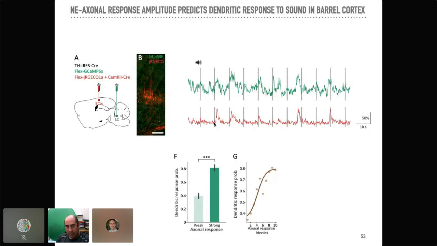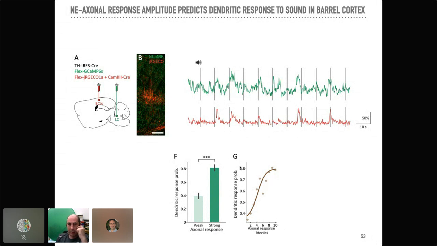So sometimes the sound triggers the dendrite and sometimes it doesn't. So what we plot here is the probability of the dendrites in barrel cortex to respond to sound as a function of the activity of the noradrenergic fibers. And what you see is that the larger the noradrenergic fiber activity is, the higher the probability of the dendrites to respond.